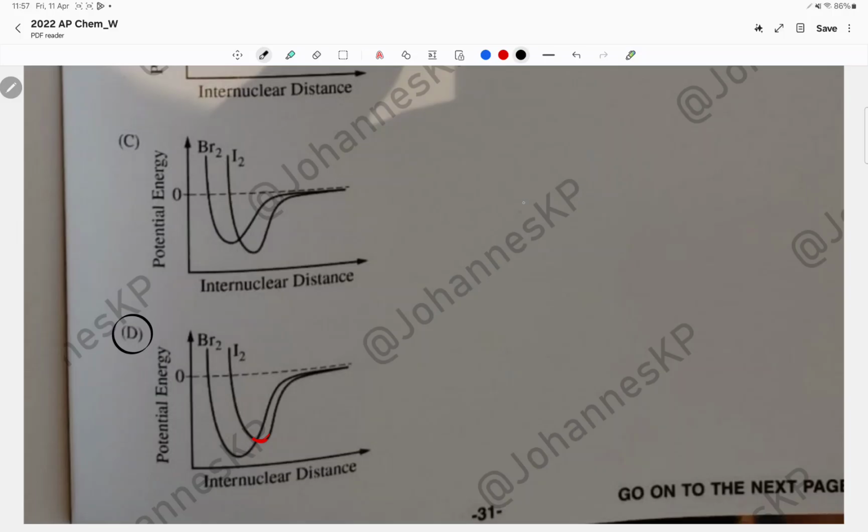Br has 4 shells, right? So it's going to be shorter than I2, where I has 5 shells. If the valley is deeper, it's going to be a double or triple bond, or a shorter single bond. Good.